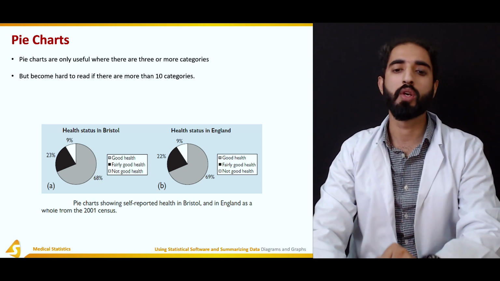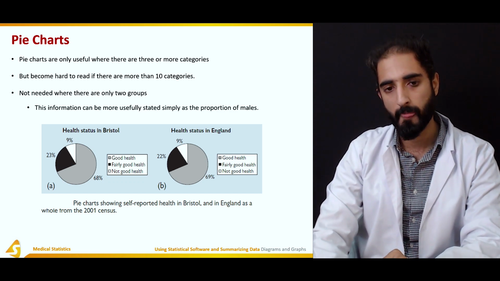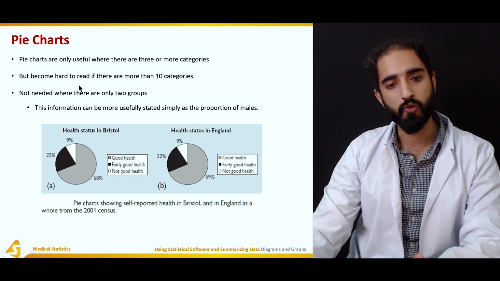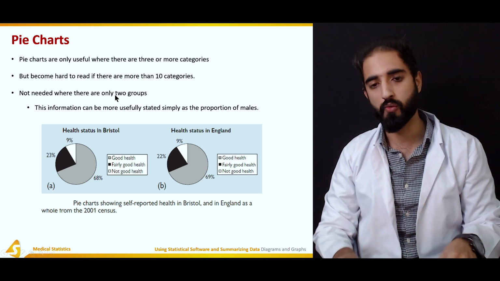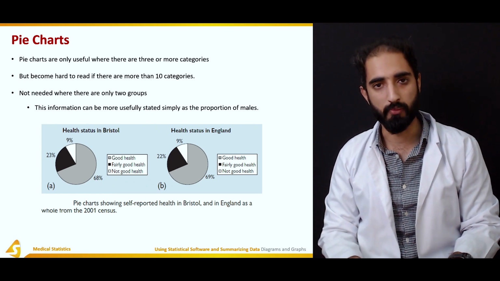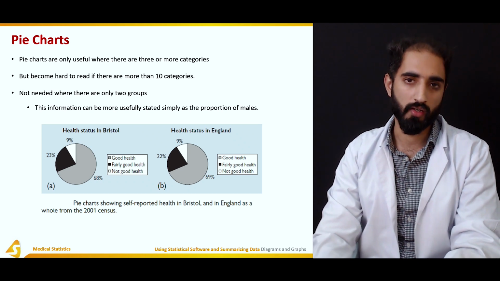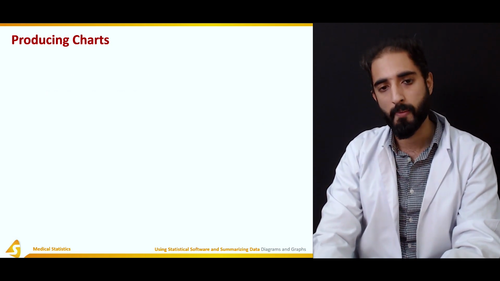But it becomes hard to read if there are more than 10 categories. So if there are more than 10 categories, then avoid using a pie chart. And it is not needed when there are only 2 groups, because this information can simply be written descriptively as the proportion of males to females, because male and female are 2 categories of a categorical variable.